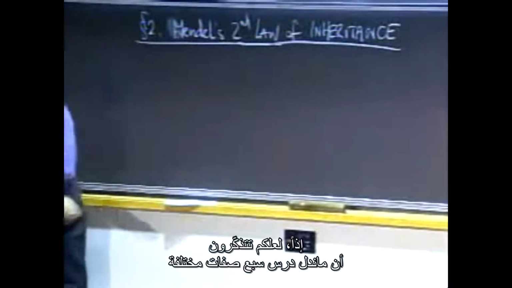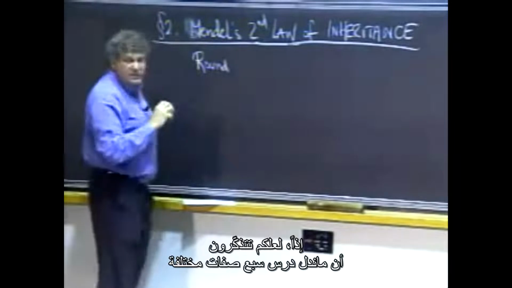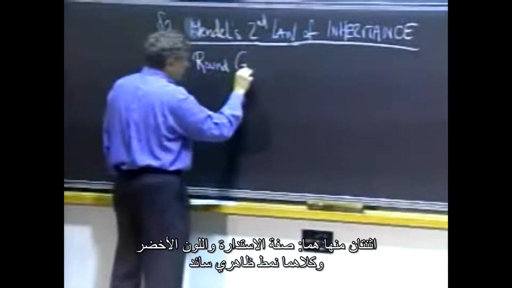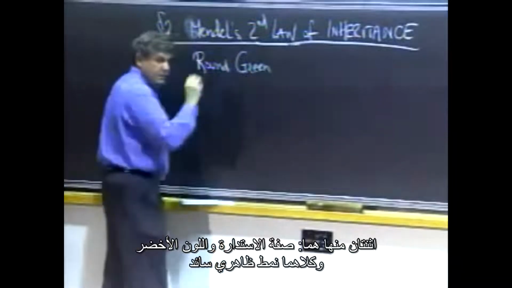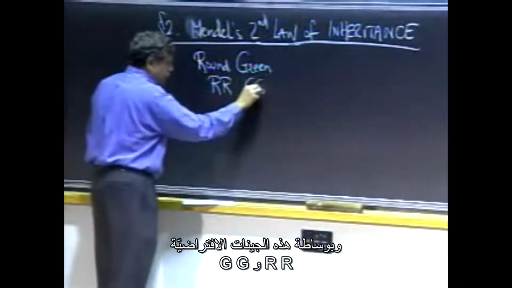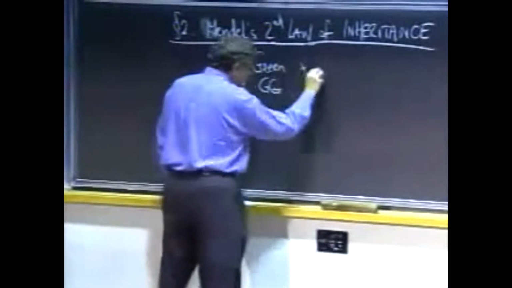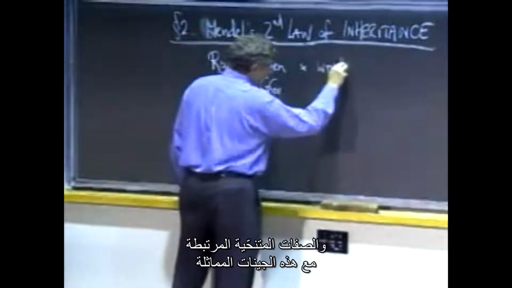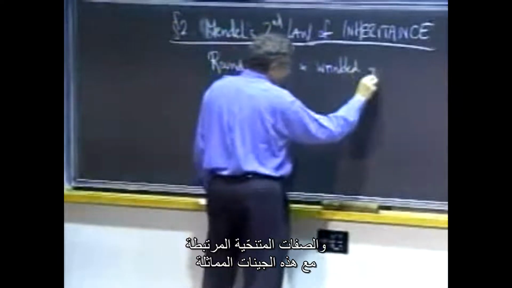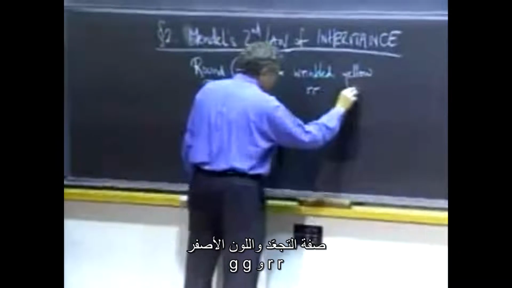So you recall, and I mentioned, that Mendel studied 7 different traits. 2 of them, roundness and greenness, both dominant phenotypes, underlain by these hypothetical genes, big R, big G, and the recessive traits associated with these same genes, wrinkled and yellow, little r, little g.